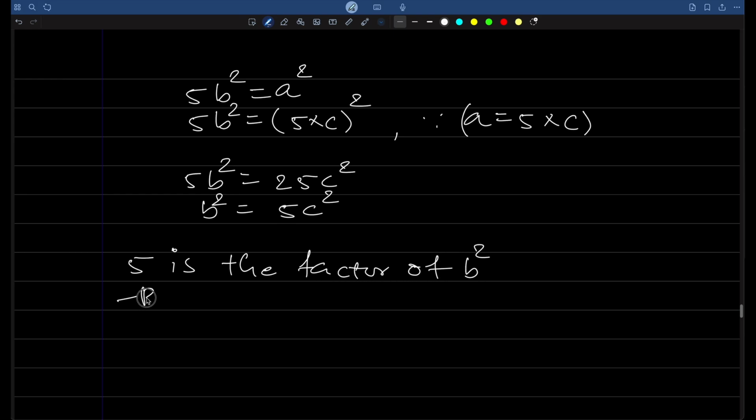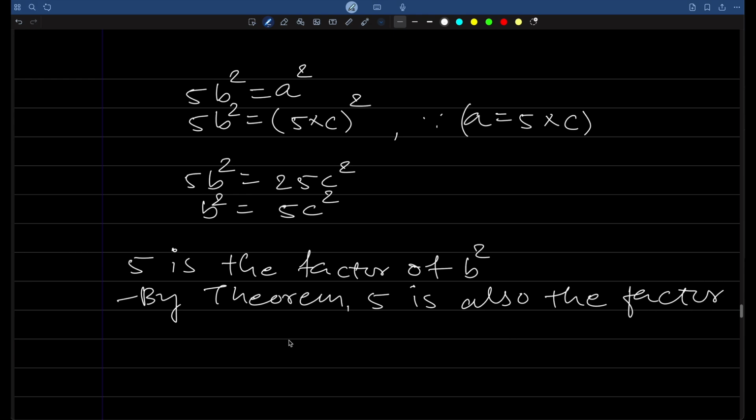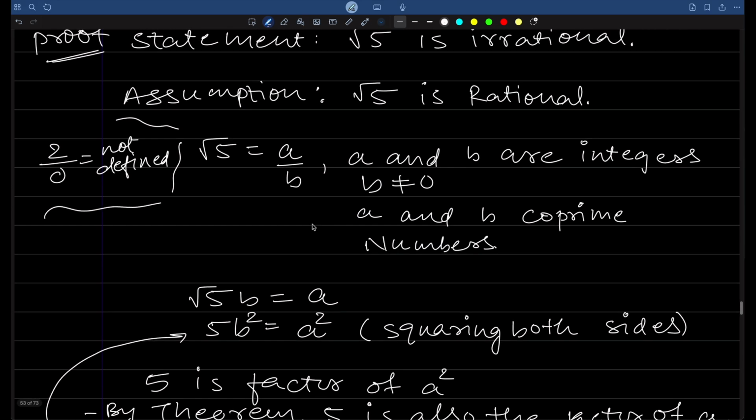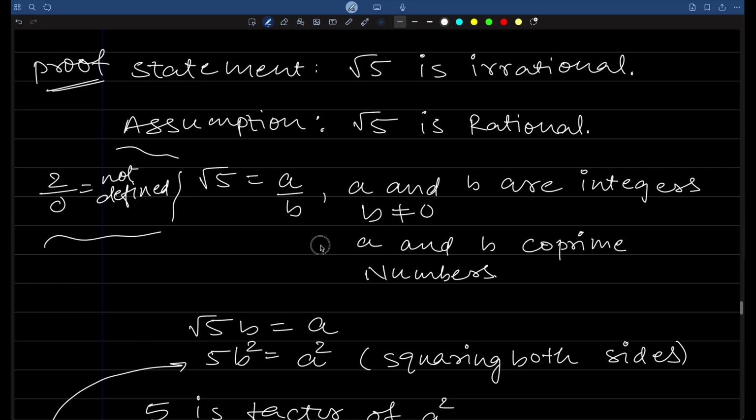And by theorem, we can say 5 is also a factor of b. Now we have assumed that a and b are co-prime numbers, and hence there is no common factor between a and b.